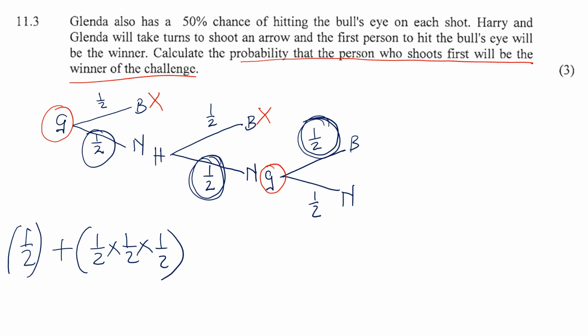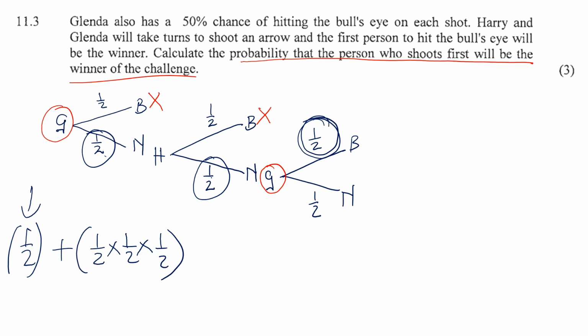The first case is when we call them first and they hit: just the 1/2 we have written here. In this second case, they had missed, then we call Harry, he missed, then we call Glenda again and maybe she hits. The probability when we call her the second time is 1/2 times 1/2 times 1/2, which is 1/2 to the power of 3.